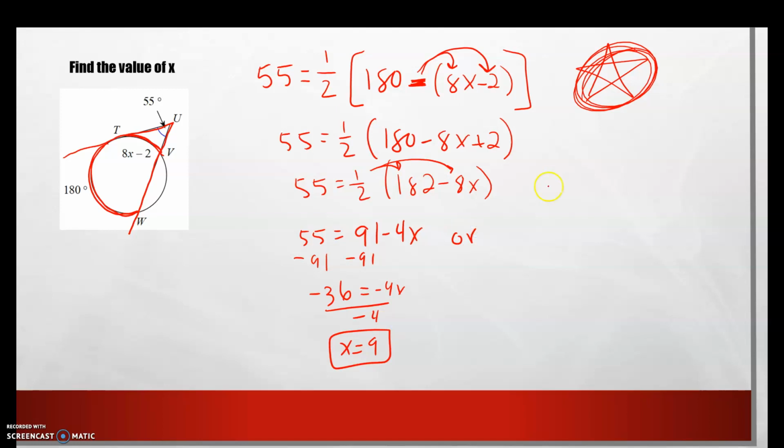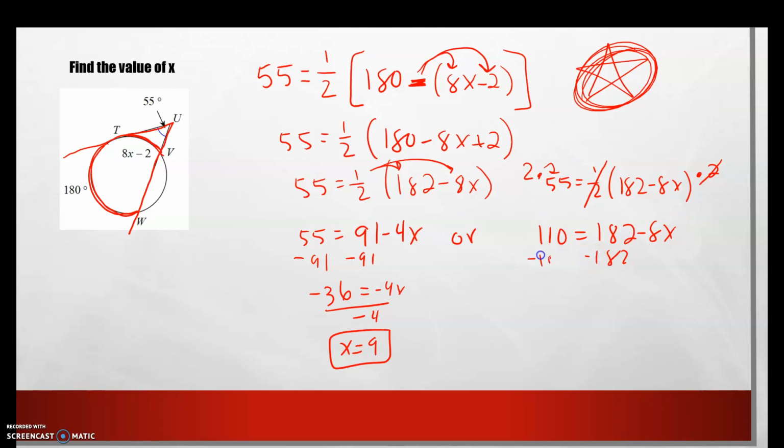Or if I had my 55 is equal to 1/2 of 182 minus 8x, again, if these weren't even numbers in here, I'd want to multiply both sides by 2. So my half and the 2 would cancel. 2 times 55 would give me 110, and that would be equal to 182 minus 8x.